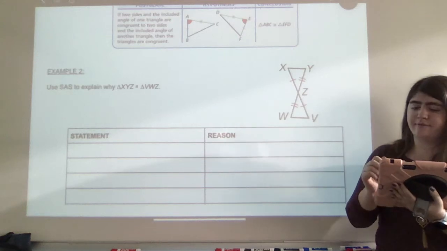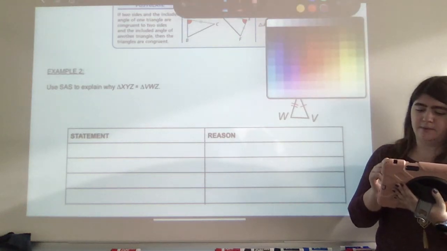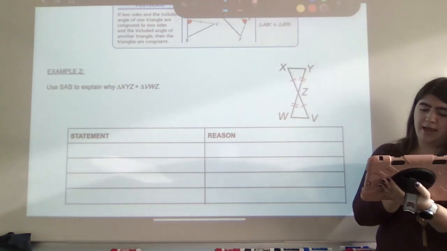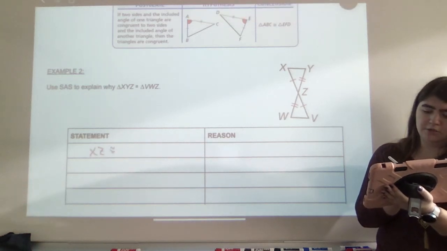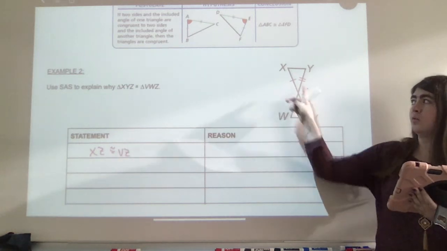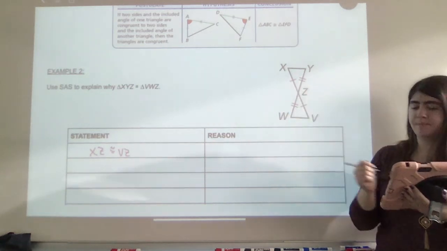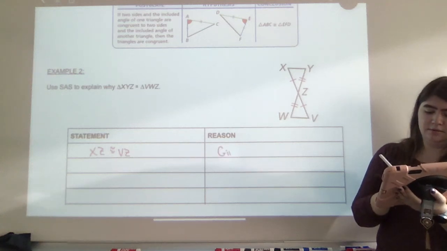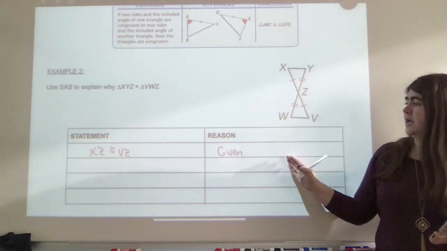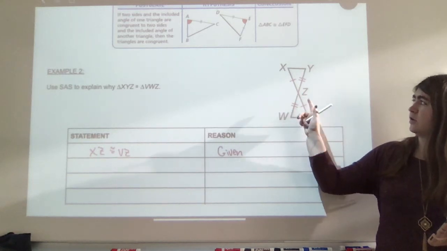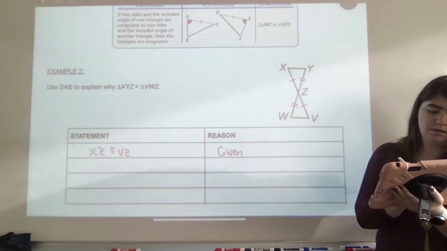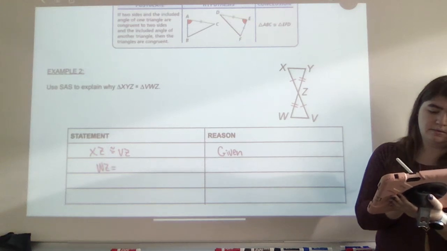So in my given statement here, I have XZ is congruent to VZ because they have the one single tick mark, and that's because it is given. The tick mark tells me it's given. And then in my next line, I have WZ is congruent to ZY because it's given.